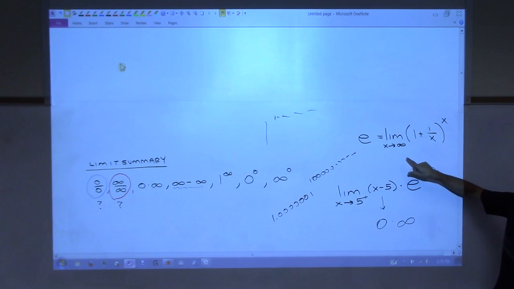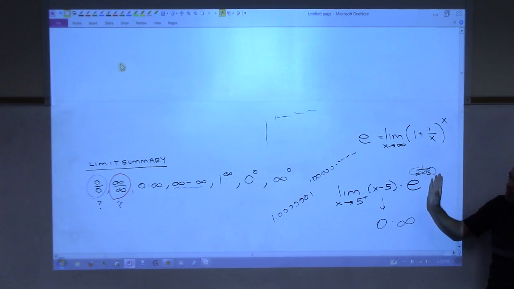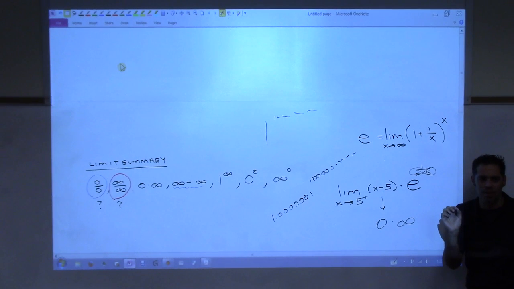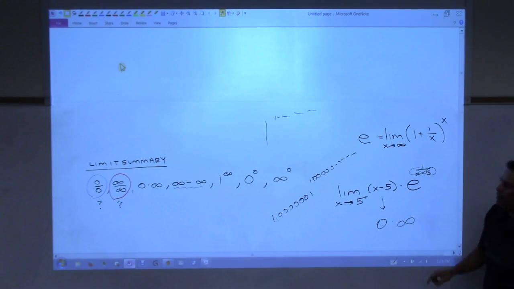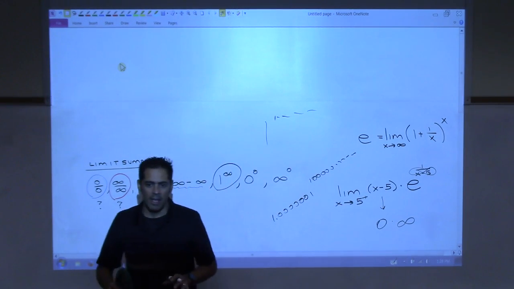So look what's happening here. Imagine that x gets big. What's 1 over a huge number? Really small, but it's something, right? 1 plus a really small number is really close to 1, isn't it? Raised to something that is becoming infinite. Something like this happens, and there's the tug of war.